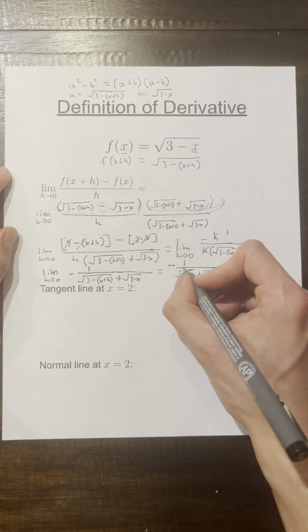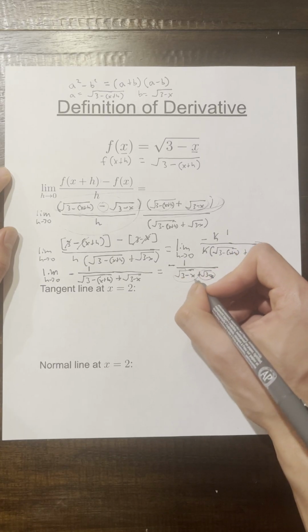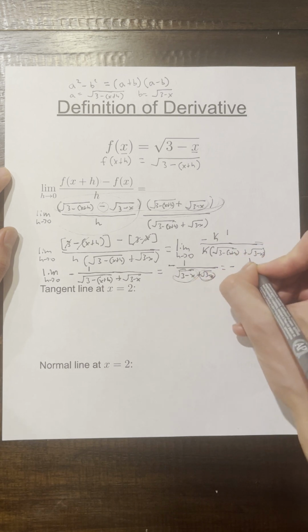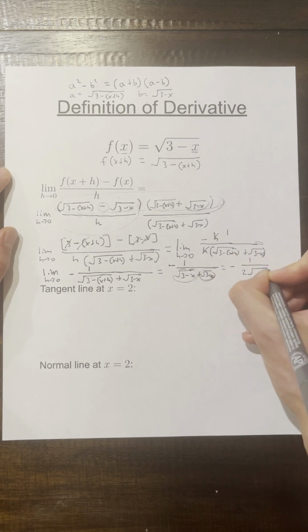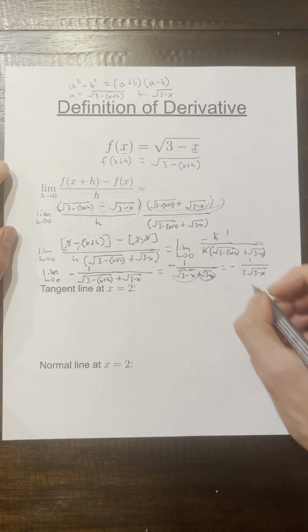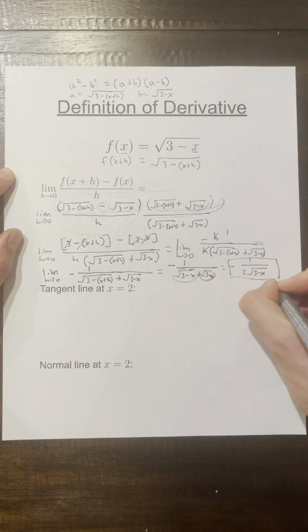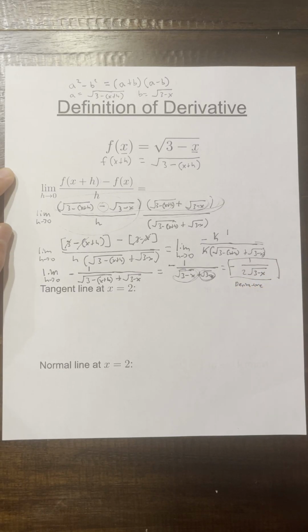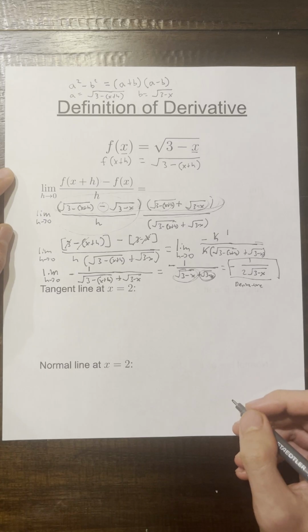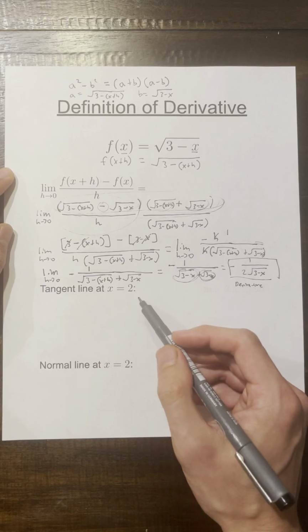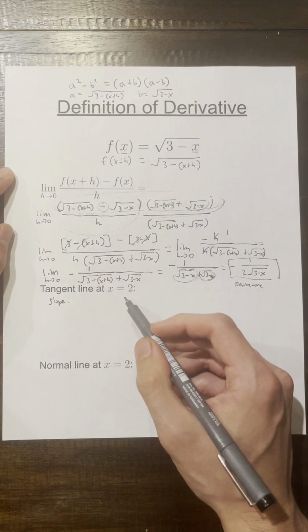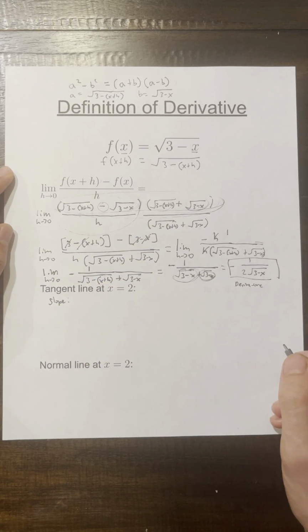All right, so I've got 2 copies of this, so I can rewrite this as negative 1 over 2 root 3 minus x. That is your derivative. All right, and to find the tangent line at x equals 2, the slope is going to be what happens when we plug in 2 into the derivative.